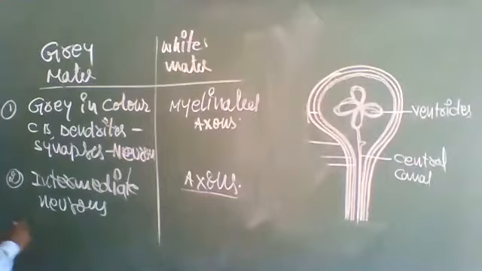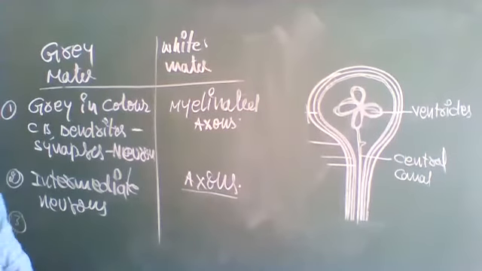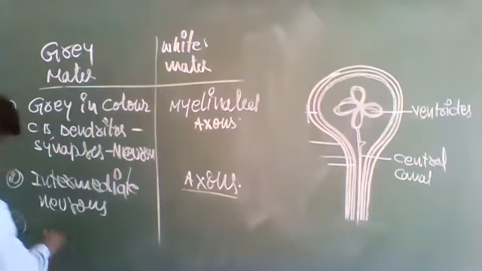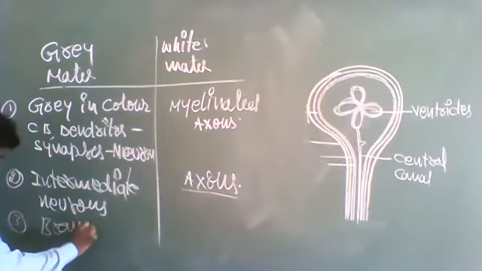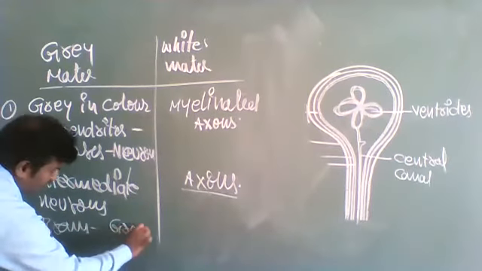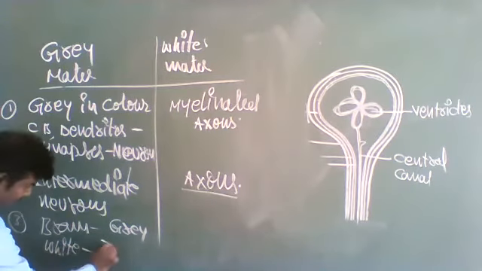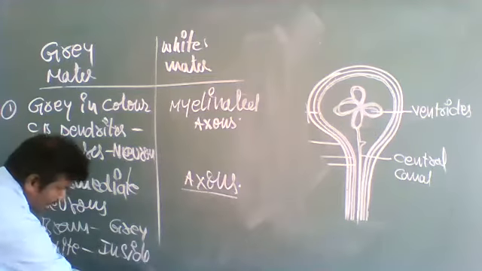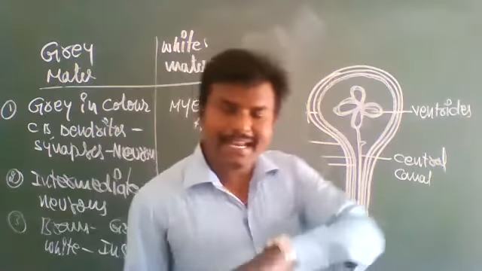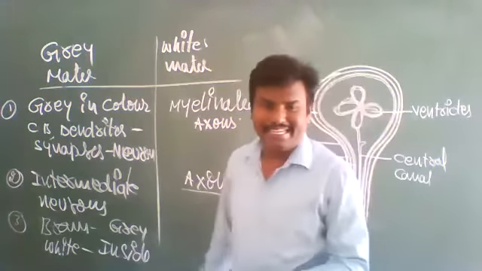That's the third point. In the brain, gray matter is present on the outer surface, and white matter is inside.